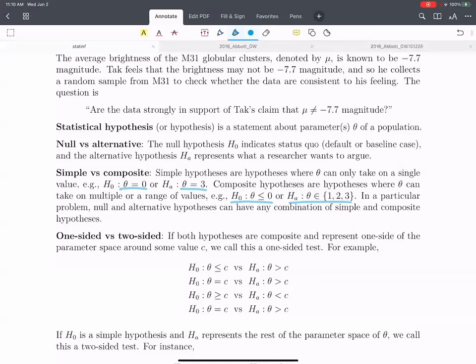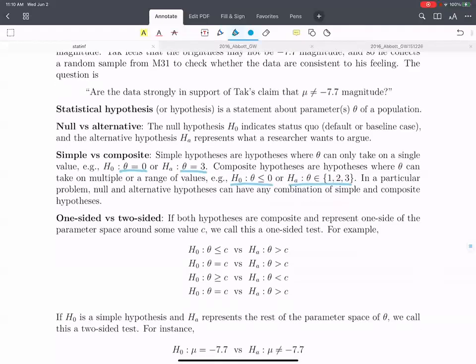So the definition of one-sided and two-sided hypotheses. If the alternative hypothesis is composite, meaning that it allows some range of parameter values, representing one side of the parameter space around some constant C, then we call it a one-sided test.